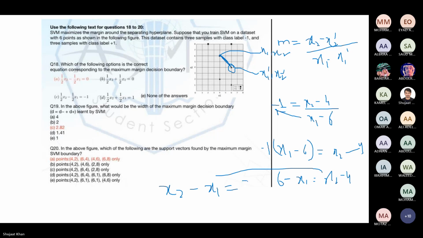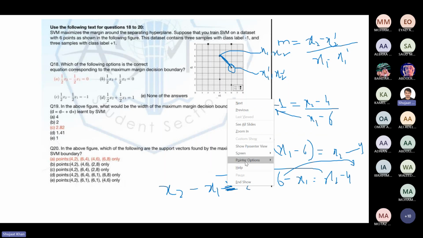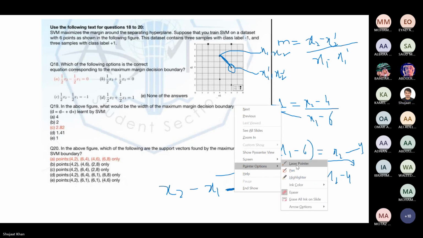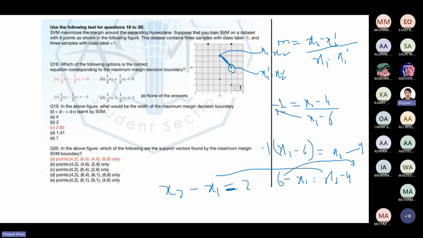You have 2 here because 6 will go there, and then we check if it's greater than or equal to 1. Okay, let me finish it first, and then I will apply the condition. Now dividing it, we are using this as a threshold.